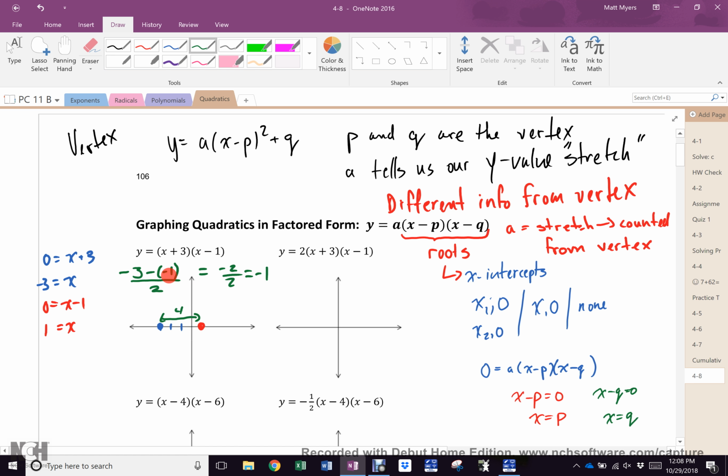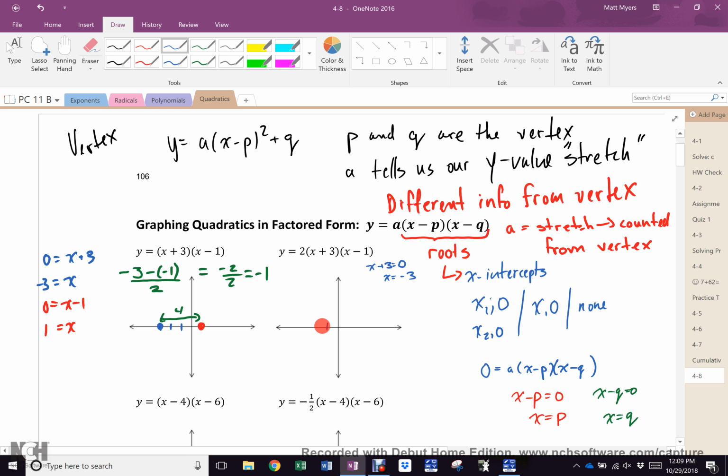Everybody okay? All right, let's do this one, and let's again find it properly, and then we'll use that to visually find the vertex, and then we'll do it algebraically. All right? So, what does this mean? X plus 3 would have to equal 0, yes? So x would have to equal what?